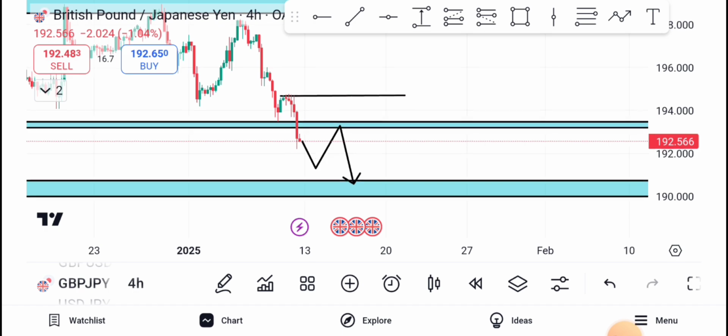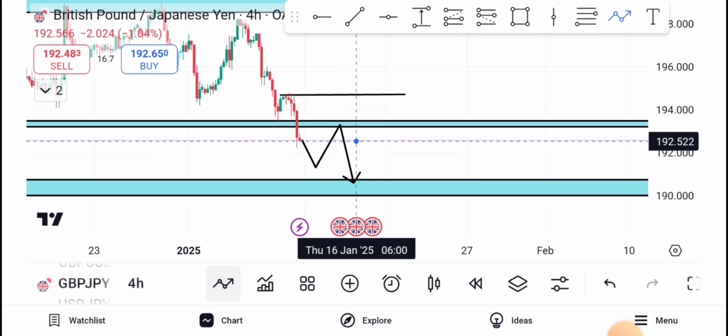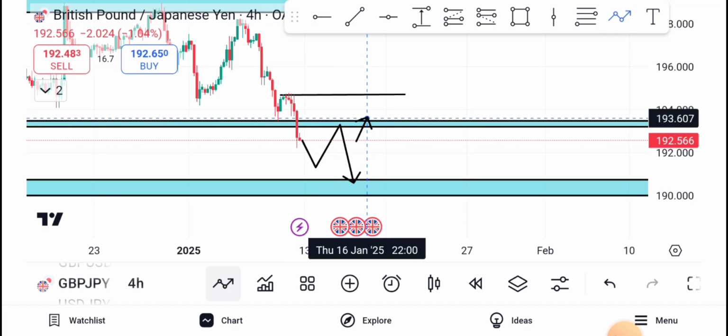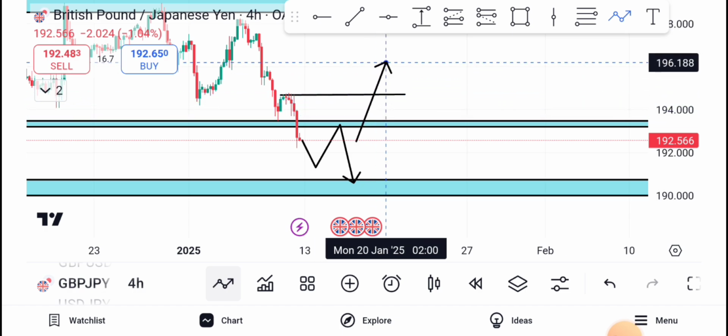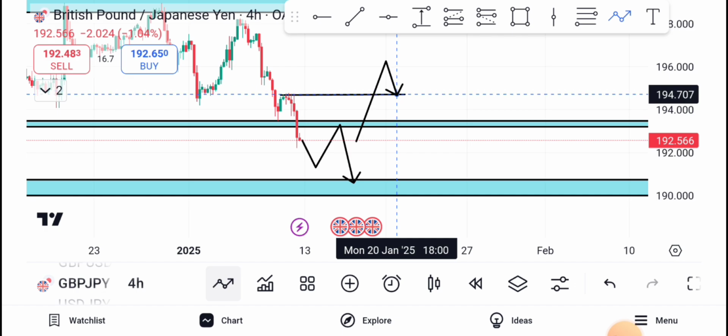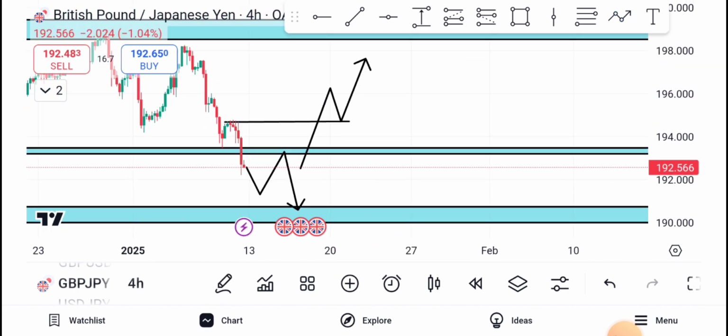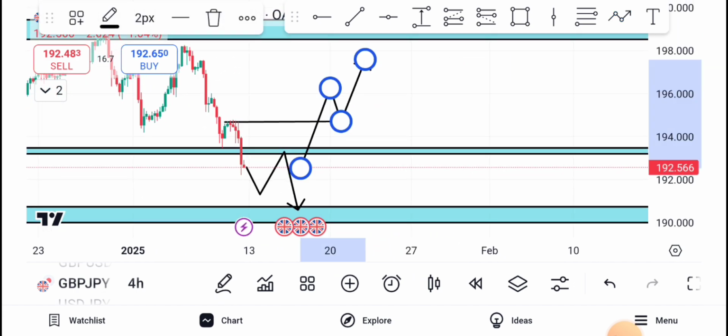The fact that price will break this potential resistance doesn't mean the market has changed trend and then we need to buy. We can only be buying when the market comes above this lower high. Then we'll be buying to the upside.